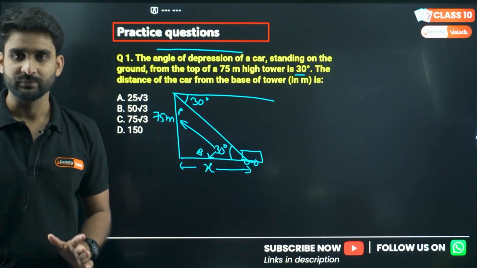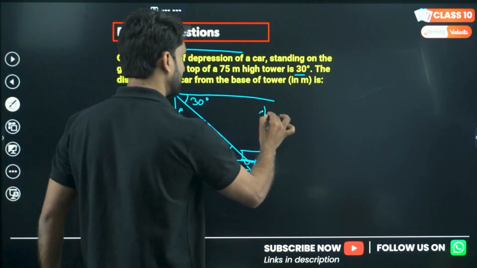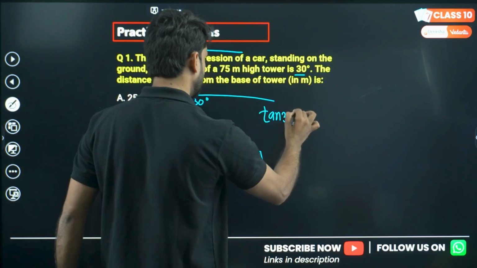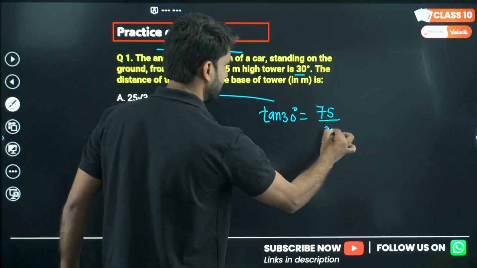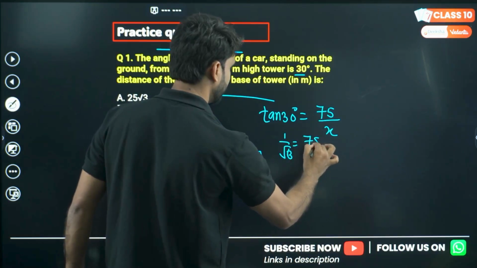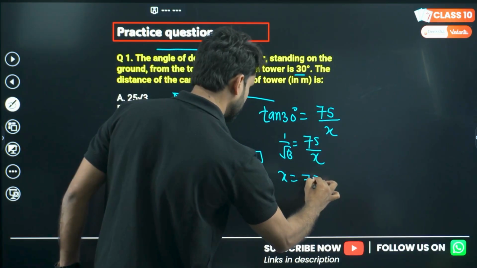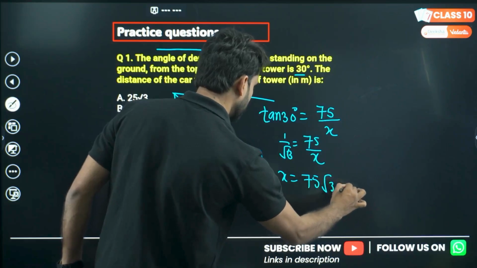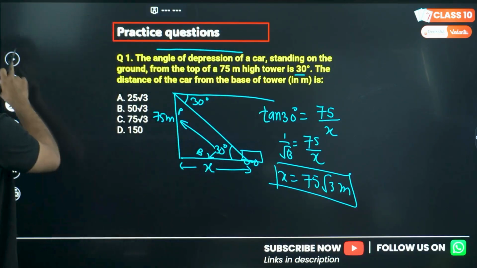So I need to take tan 30 degrees, which is perpendicular 75 over base x. tan 30 is always 1 by root 3, equal to 75 by x. On cross multiplication, x is 75 root 3 meters. This is the distance between the car and the base of the tower.